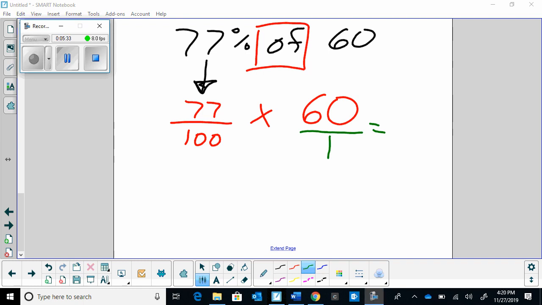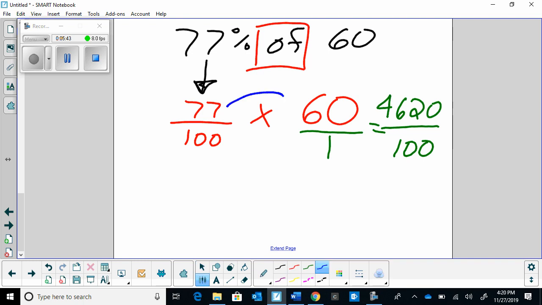So if we take 77 times 60, we're going to get 4,620 over 100, because we know when we're multiplying fractions, all we do is multiply the tops and multiply the bottoms. But now we look at this number and see this is an improper fraction that we can convert into a mixed number.